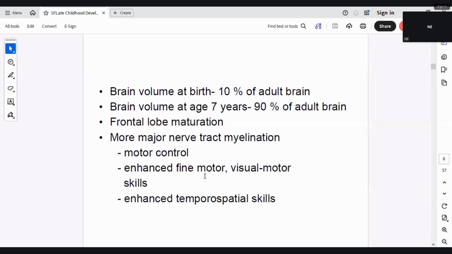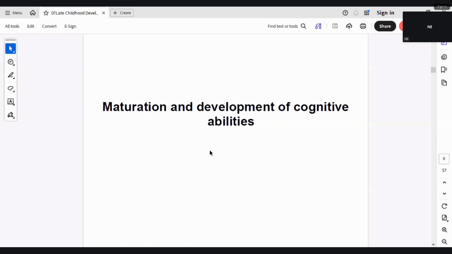When we look at temporospatial skills and how kids manipulate, like when they play video games and their ability to coordinate, and the visual motor skills, how do they manage holding a pencil or pen? How do they color? So these are major tasks that become more enhanced in that time frame.